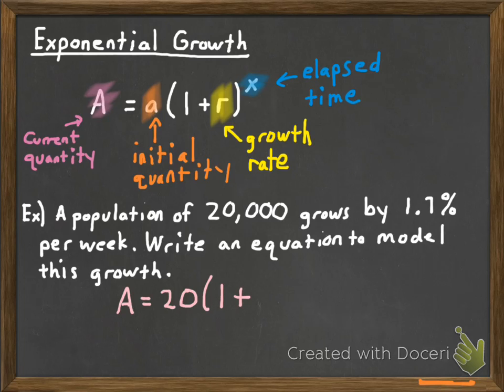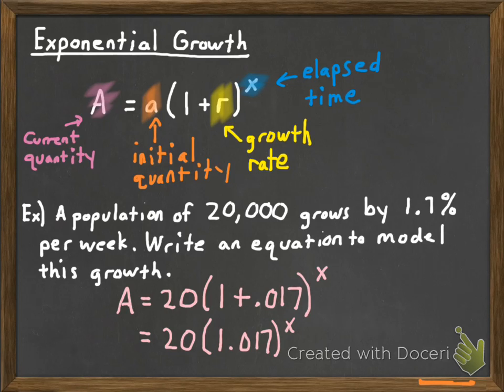Remember, I said that the growth rate you have to write as a decimal, not as a percent. So you move this decimal point 2 places to the left. That's going to be 0.017 to the x power. Then we simplify that. Go ahead and add the 1 and the 0.017, so you get 20 times 1.017 to the x power.